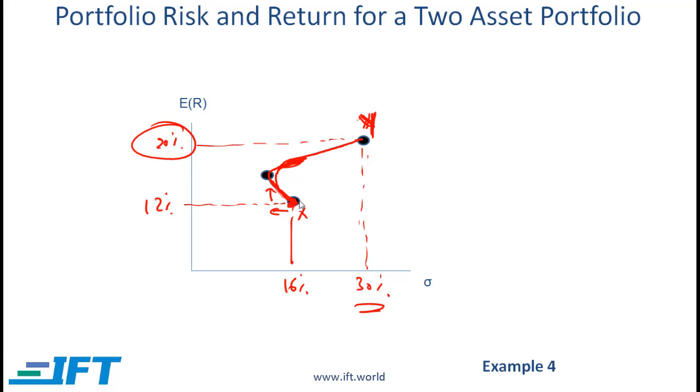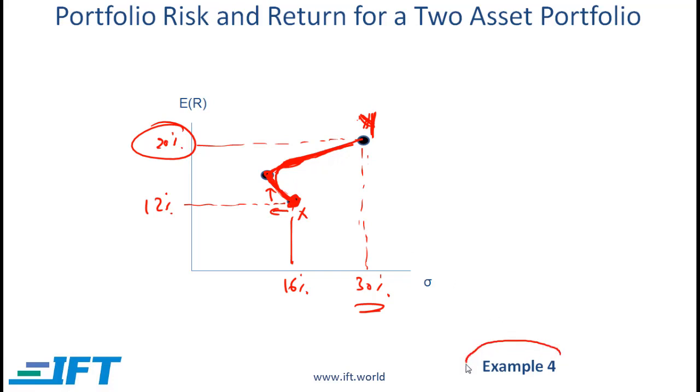Initially we are all X over here. As we move northwest and then northeast, the weight of X is going down and the weight of Y is coming up. Initially there is a diversification benefit, but after this point in time, both the risk and the return increase together.